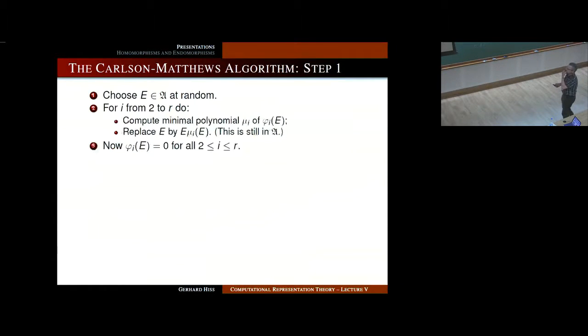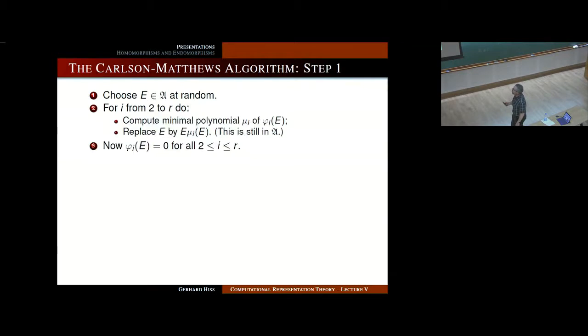So in the first step, you choose any element e at random. And then of course this will be far from being an idempotent. But what you do, you send it through your homomorphisms. So you look at the action of this e on the simple module S_i. This will be a matrix. You compute its minimal polynomial.